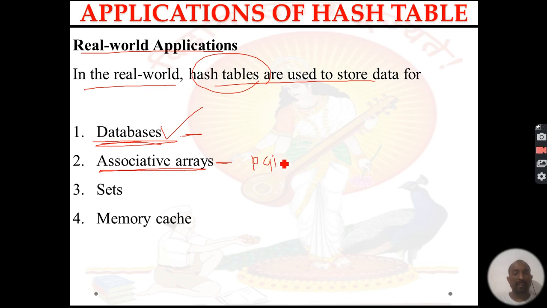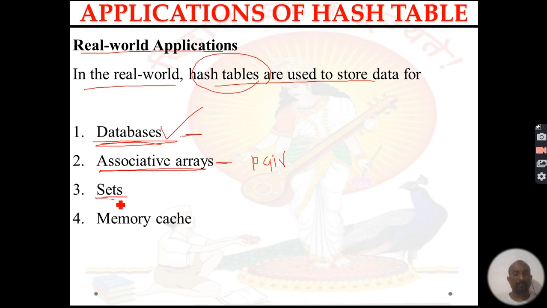Pair means key and information. Like I have already given the example for associative array: name and roll number. These are two entities which are interrelated. So in an associative array, key and information are interrelated values, and they are stored in the associative array. So hash table is basically used for the associative array.